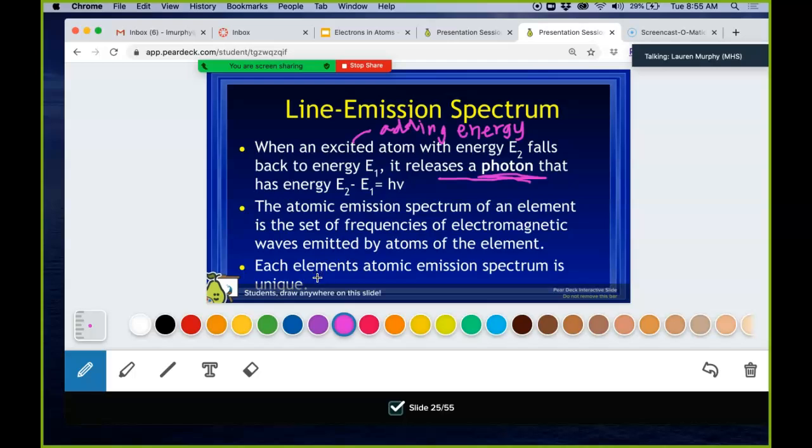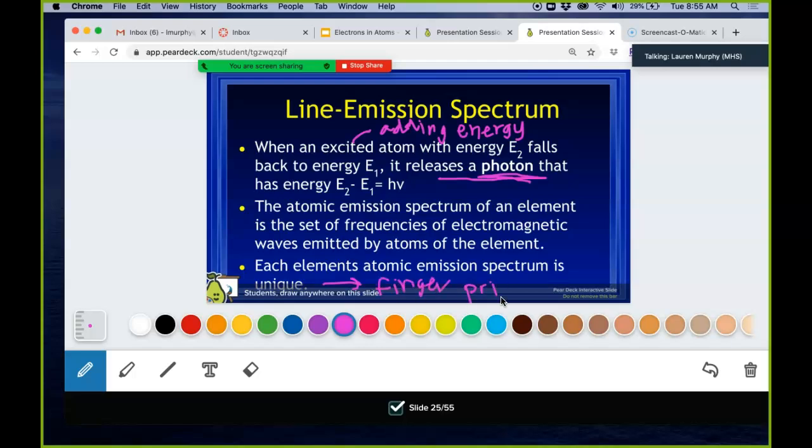Now here's something cool, is every single element, lithium, sodium, potassium, chlorine, zinc, carbon, uranium, hydrogen, every single element's emission spectrum is unique. It's like its own fingerprint. They often refer to it as like a fingerprint.